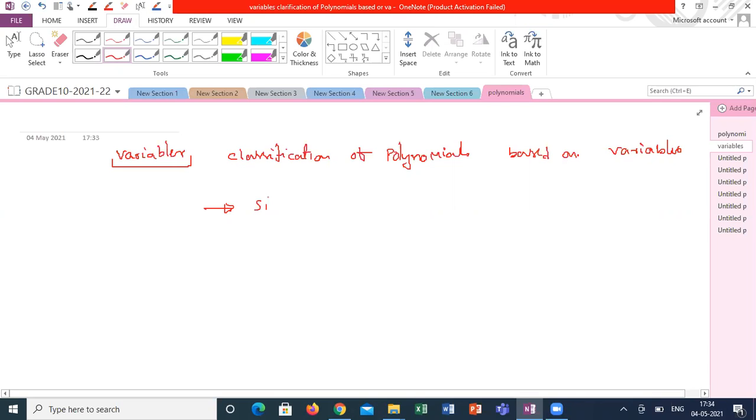But if it is a single variable, two variable, linear polynomial. We won't call it linear. Linear is decided by the single variable. There is no separate name. It's a single variable, that's it.